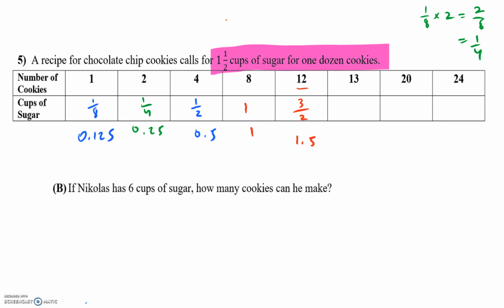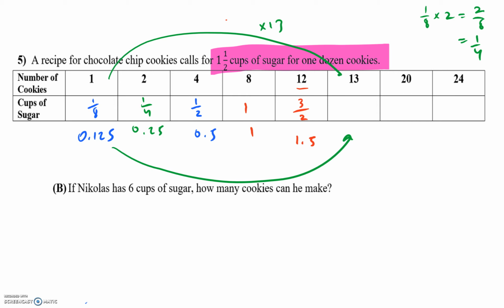Alright, so to go from 1 to 13, that's times 13. 1/8 times 13. That's going to be 13 over 8. And 13 over 8 is 1.625.